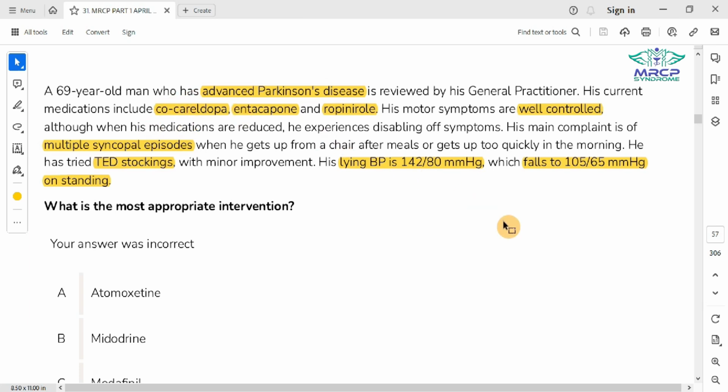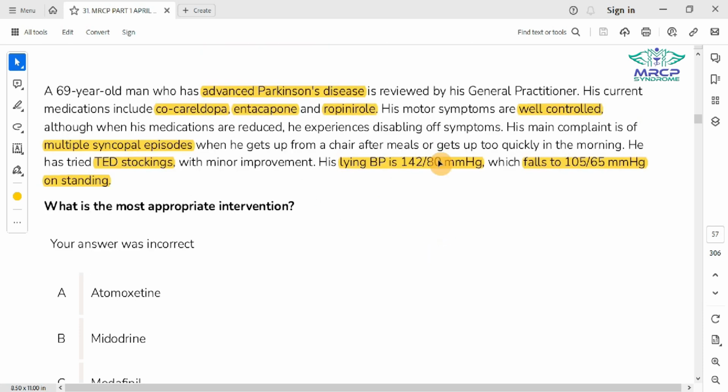His main complaint is of multiple syncopal episodes when he gets up from the chair after meals or gets up too quickly in the morning. He has tried TED stockings with minor improvement. His lying blood pressure is 142 by 80 millimeter mercury, which falls to 105 over 65 millimeter mercury on standing. So there is a postural drop. So what is the most appropriate intervention?